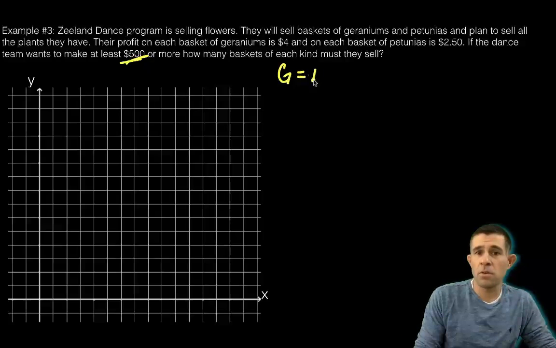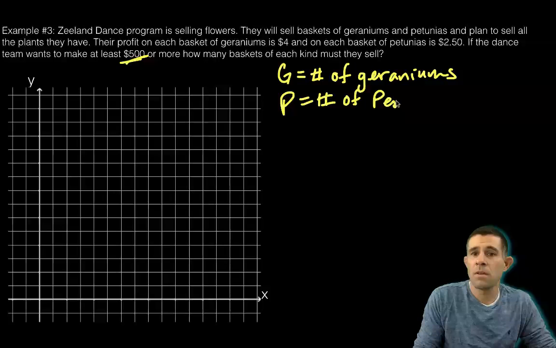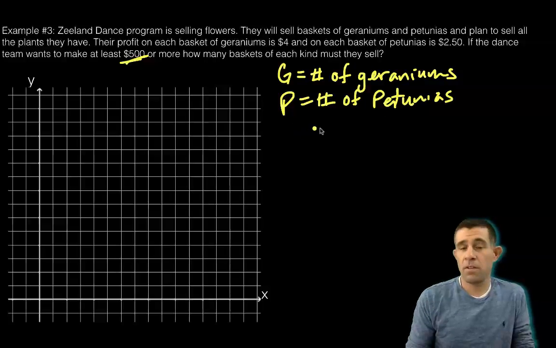Let's let G equal our number of geraniums. I probably won't spell that right. And then P equals the number of petunias. All right. Now, we want to sell, first of all, all of them. So we know that the number of geraniums has to be greater than or equal to 0.